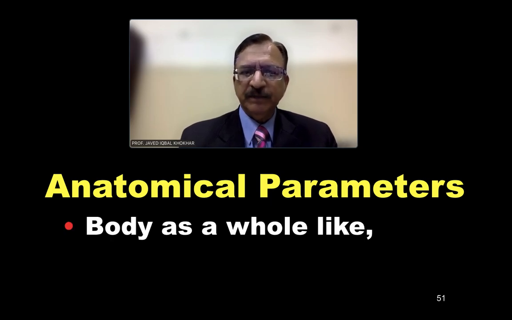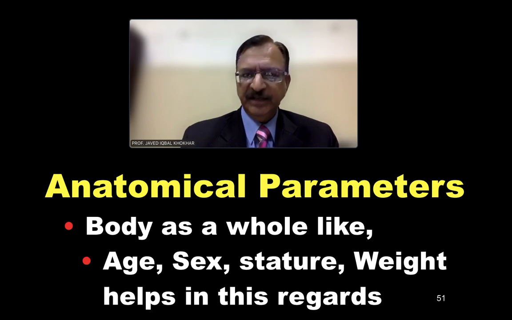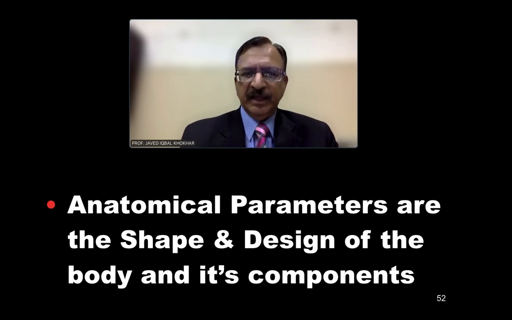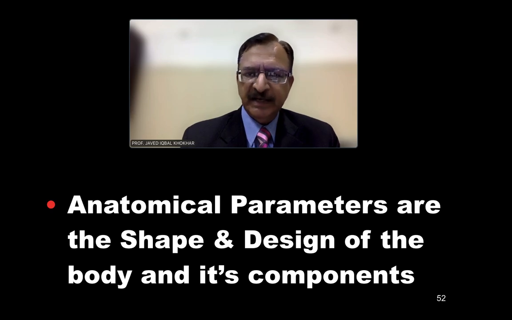Regarding the anatomical parameters, the body as a whole, the age, sex, stature, height, weight, build, everything is noted down. And in the anatomical parameters, the shape and design of the body parts, the shape of the ear, the shape of the nose, the shape of the eye, are also very unique to that individual.